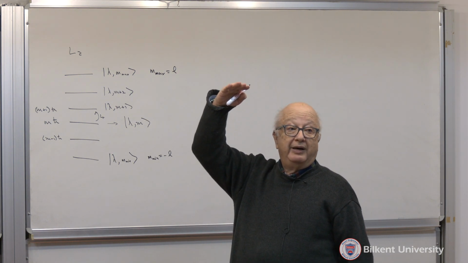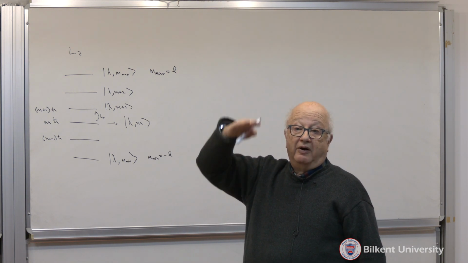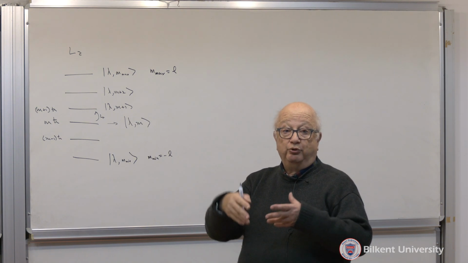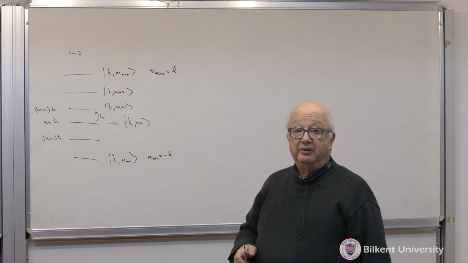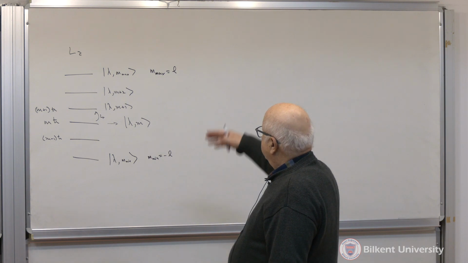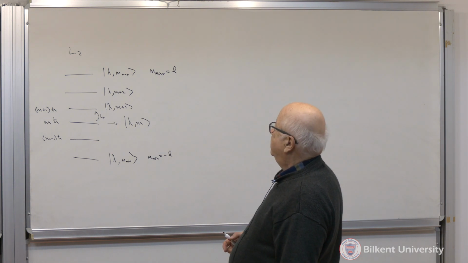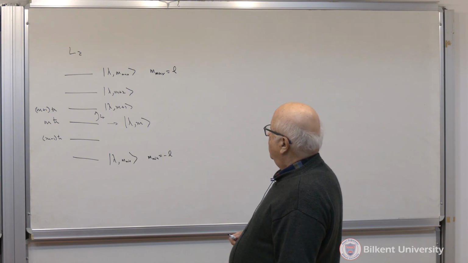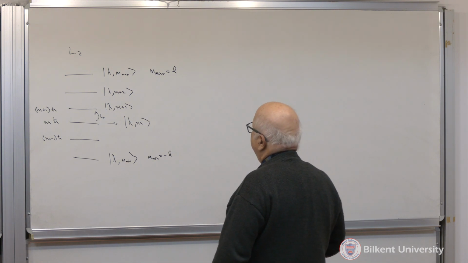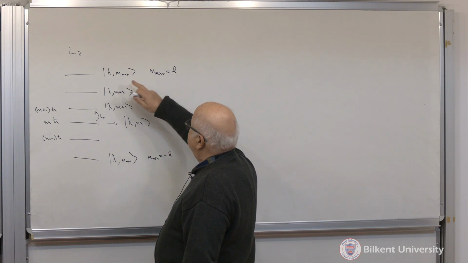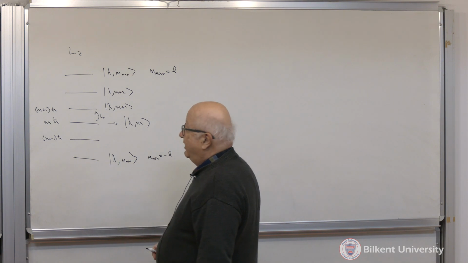If I have a certain maximum in the plus Z direction, I must have a similar magnitude limitation in the minus Z direction. So that's the structure that we have. All right, so let's now try to find out what this maximum and minimum m's are.